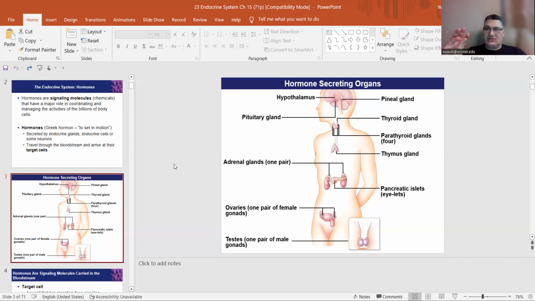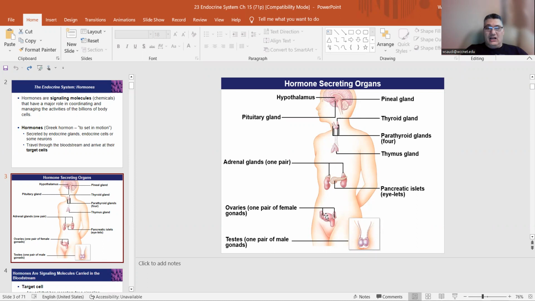But there is an island within this pancreas, which is called the pancreatic islet. The S is silent, so it's islet. An islet is an island. The pancreatic islet, also known as the islet of Langerhans. I don't know if we have this name or not.